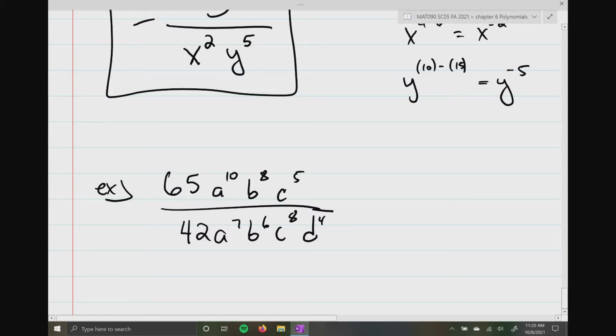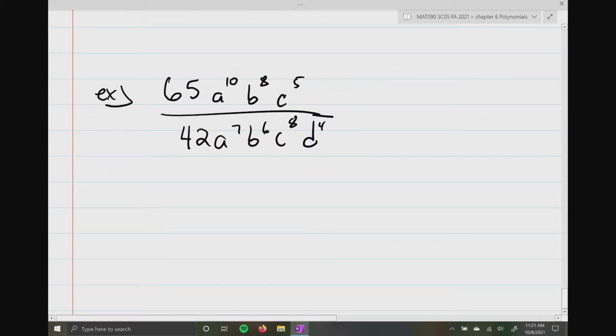Now, I know this one looks crazy. There's a lot of things going on here. We have all the tools we need to simplify this, though. Let's do this one together. First, 65 over 42, they're numbers. That's going to take me a lot of time to do that. I'll wait till the end.